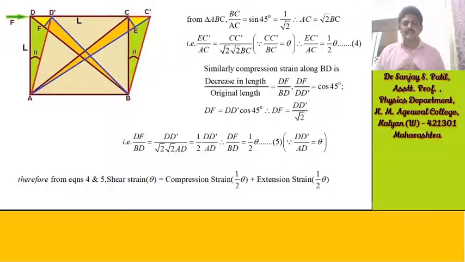So this is proved. That is, the shear strain theta shown in this diagram is equal to compression strain, that is 1/2 theta, plus extension strain, that is 1/2 theta.